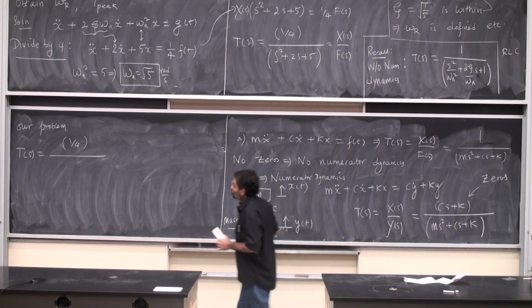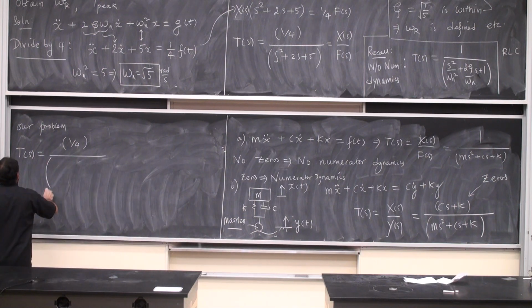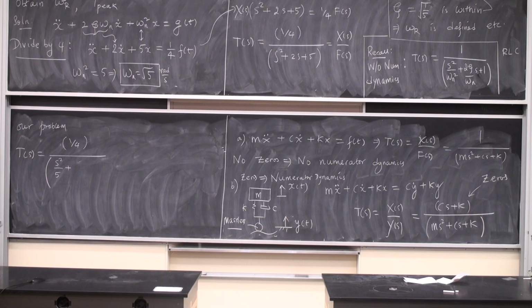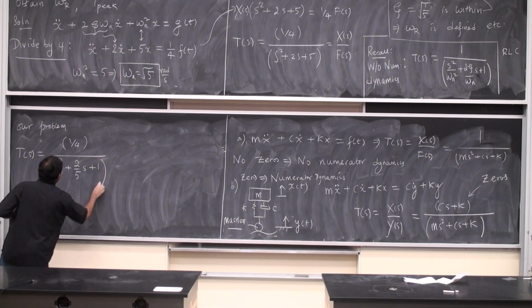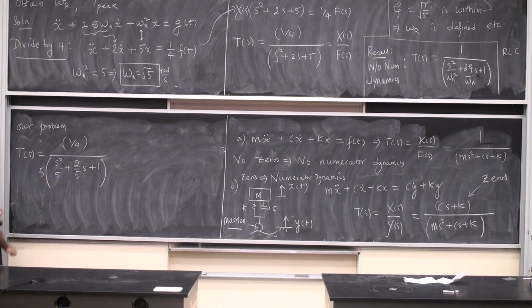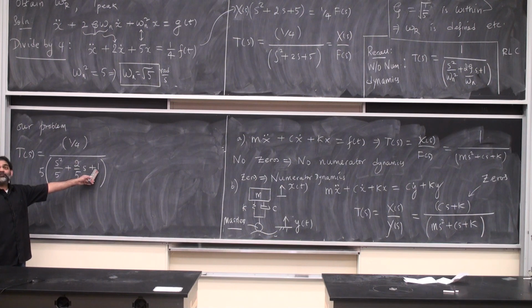You can see there is 5 there, so this is s square by 5 plus 2 by 5 s plus 1, with a factor of 5 out. Once again, when you're doing frequency response analysis for second order systems, you have to have this as a factor of 1. And we did this for the first order.